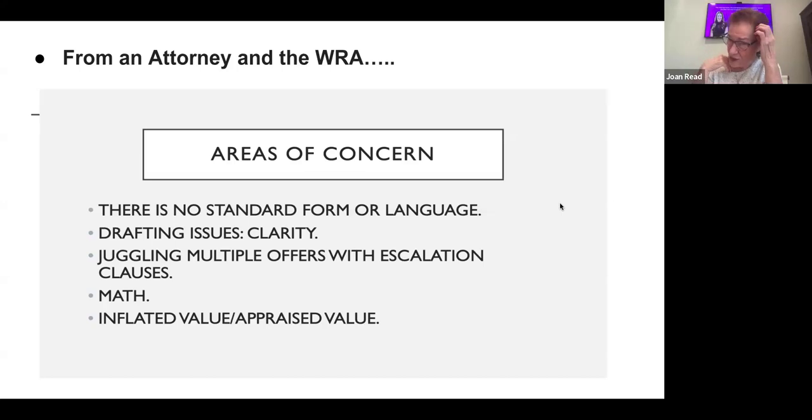The other thing I want to mention, and maybe Steph's probably a lot nicer than I am, but I won't do the math for you. A lot of agents will say, I've got these three escalation offers, and this one goes up to this, and this one goes up to this, and what should I do? I'm going, get a pencil with an eraser on it and you figure the math out.